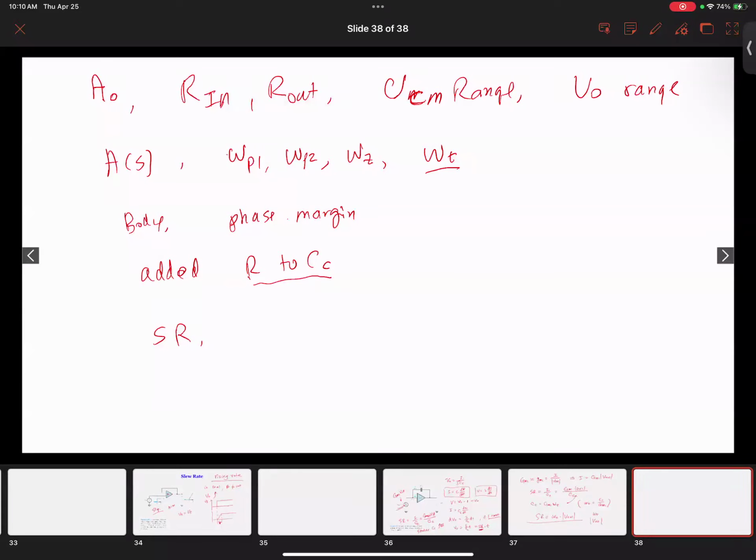And we also mentioned that this circuit does not have an output stage, which we can always add.